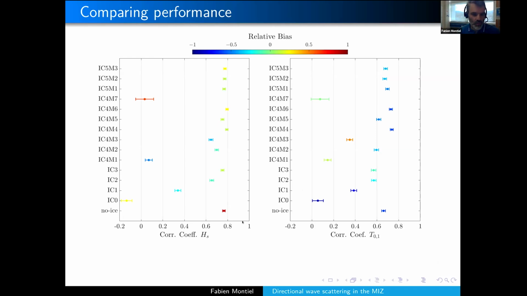Because it's interesting to see that the no ice run is highly correlated in significant wave height to the observations. But if you look at the bias, it's actually the highest, and that kind of makes sense. Of course, if you remove the ice, then basically what you get is the forcing.